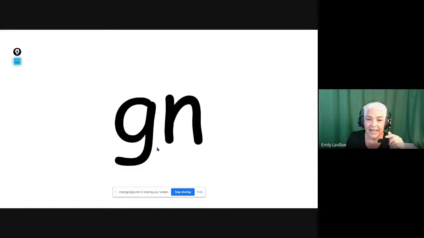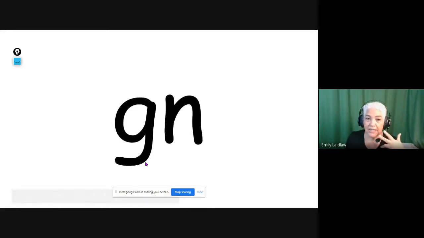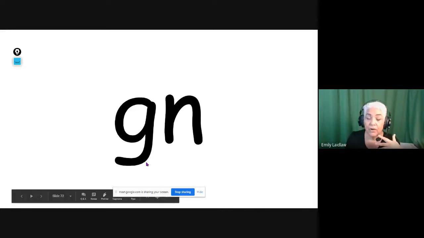And this is interesting because we have the N sound in the word sign. But related to it is the word signal. And there we pronounce the G, signal, or a signet ring, or my signature, where I will sign the word.